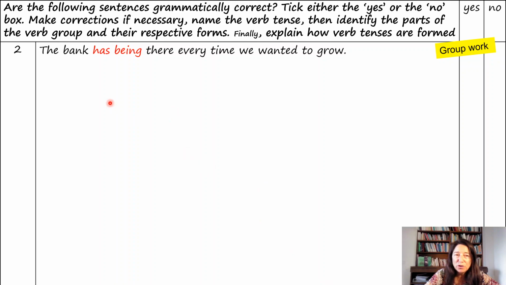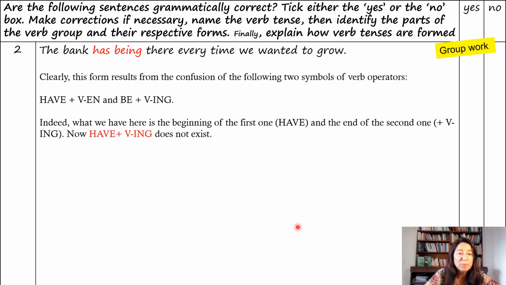Well, what do we have here? We have have, and then we have a verb followed by the ing form. So that is the present participle of a verb. So is it possible to have have plus VING, the verb in the present participle form?